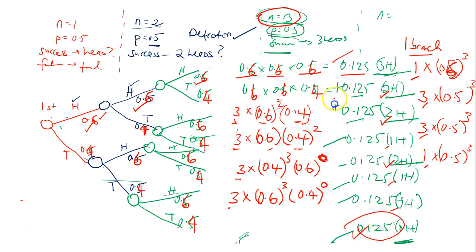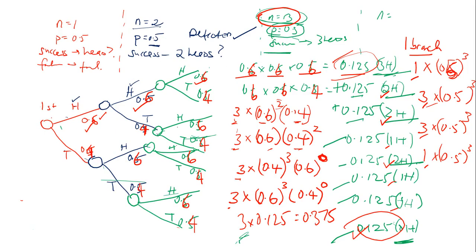So both are 0.125, as we can see from the chart. And then we had 3 of each for the 2 heads and 3 for the 1 head. So 3 times 0.125 gives you 0.375.